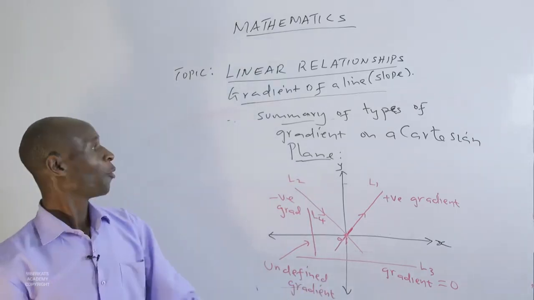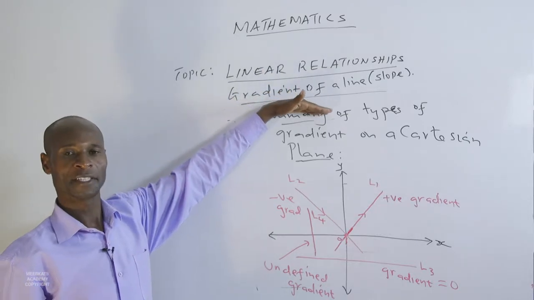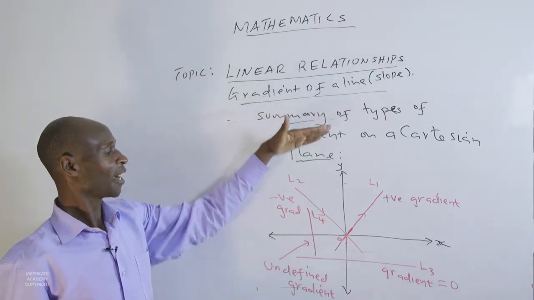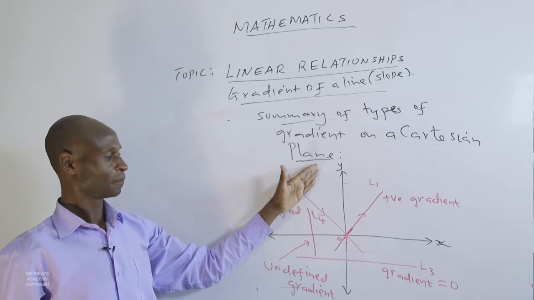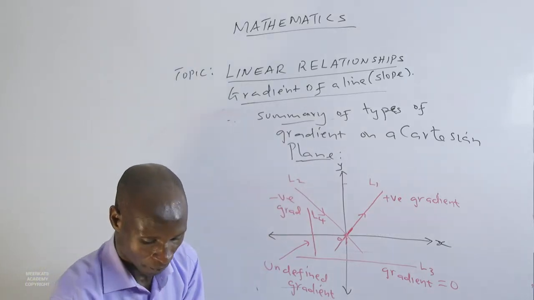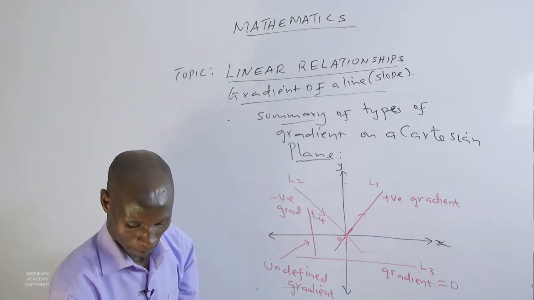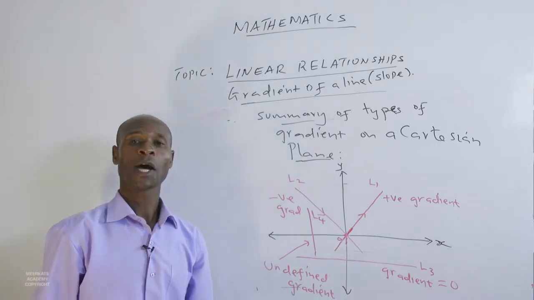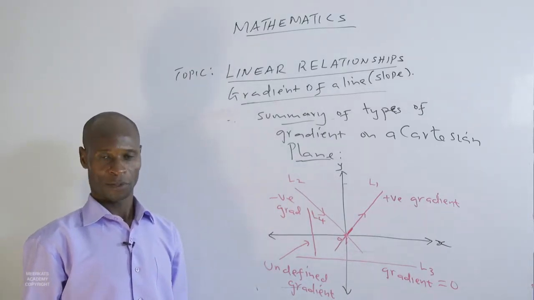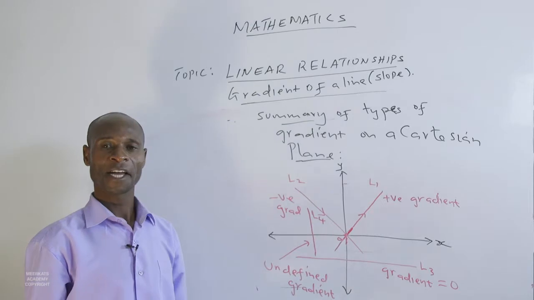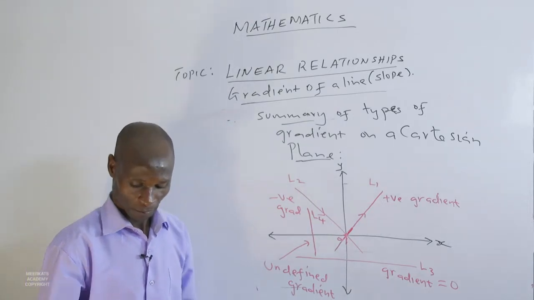And therefore, we have summarized the type of gradient on a Cartesian plane. Now next, we want to look at illustrations or examples on how we can find the gradient of a line.